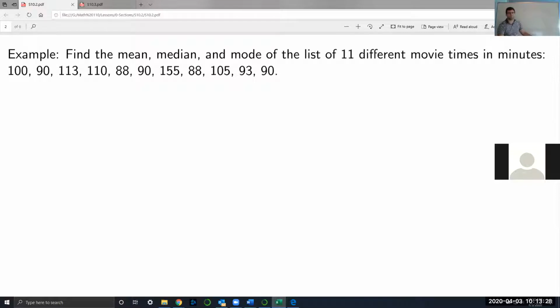So what is the smallest number in this list? Can anybody tell me? 88. 88, yeah. So how many 88s are there? 2. Yeah, so we'll write 88, 88. What about the next largest number?